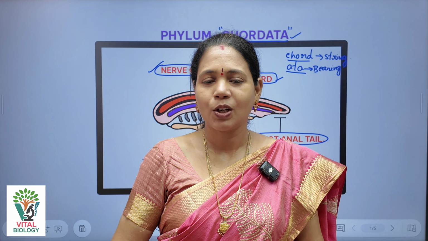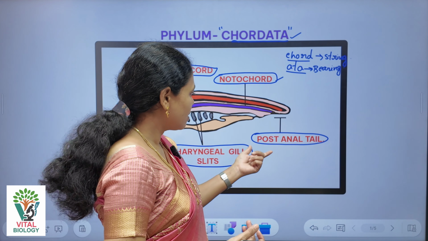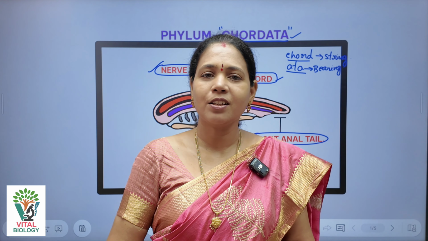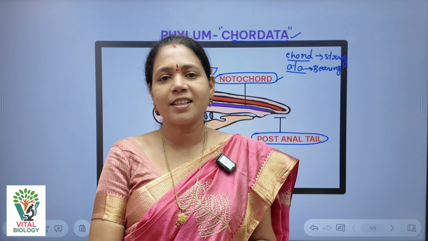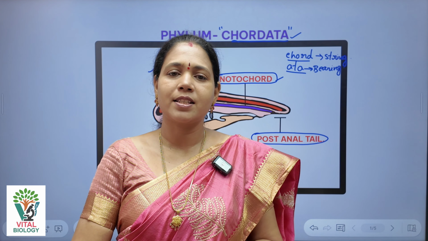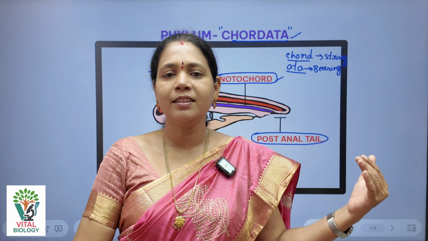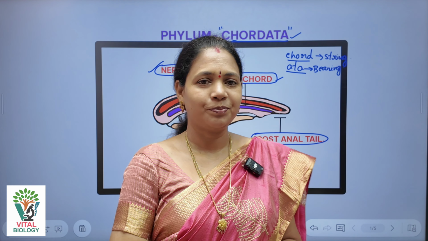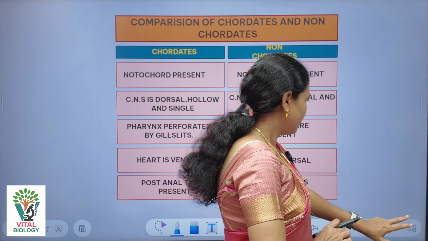So the coccyx is nothing but the post-anal extension. That's why these characteristic features can be seen in all chordates, either in their larval stages or in their adult stages.